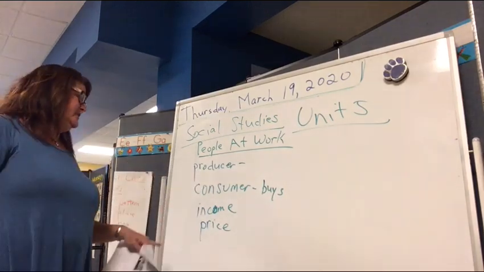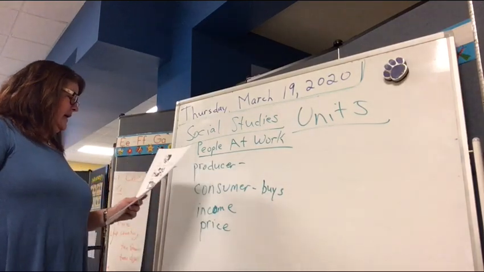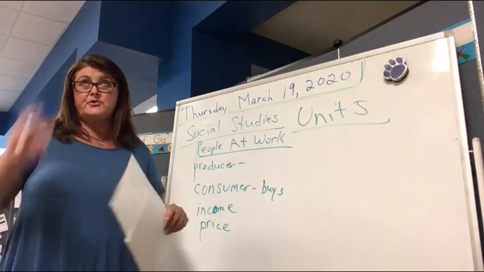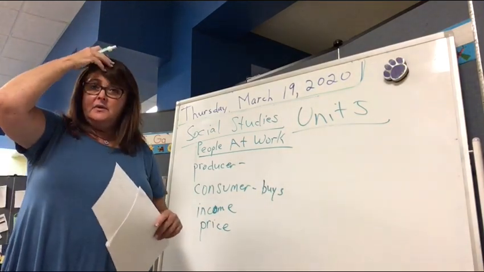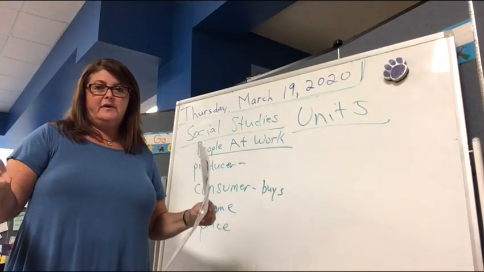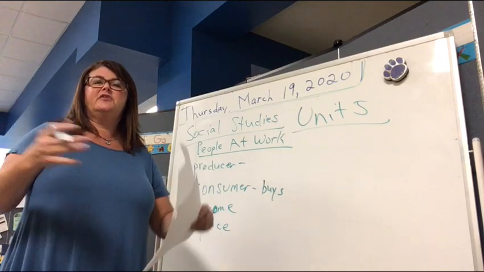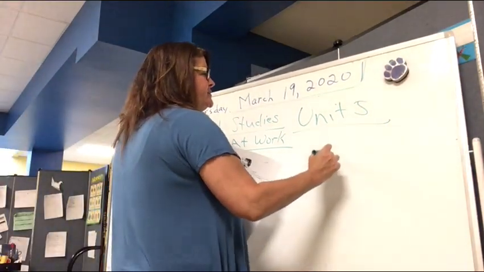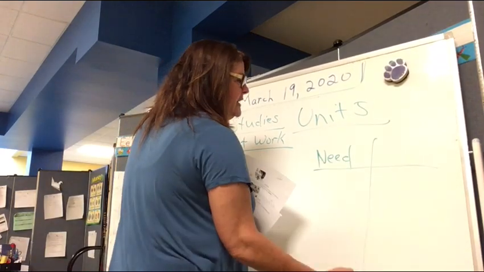Think about these words in relation to when you go to the store, when you need something or just want something. Are there things that you buy that you need? Give me some examples of stuff you need. What do we need to survive? The difference between a need and a want.